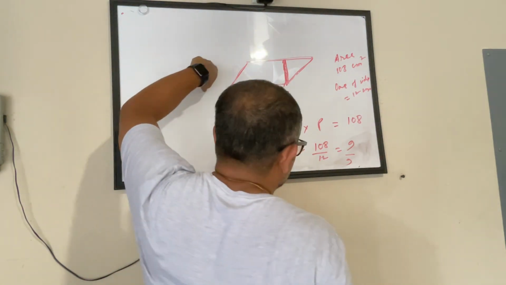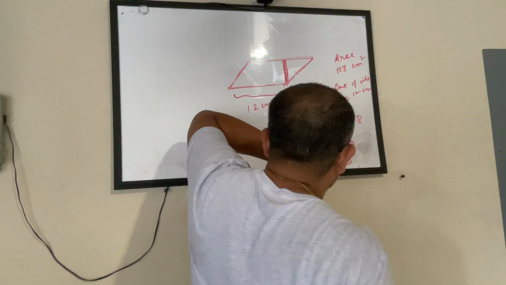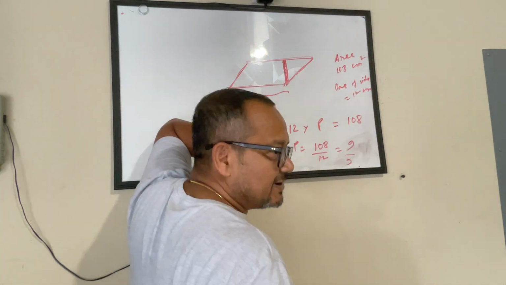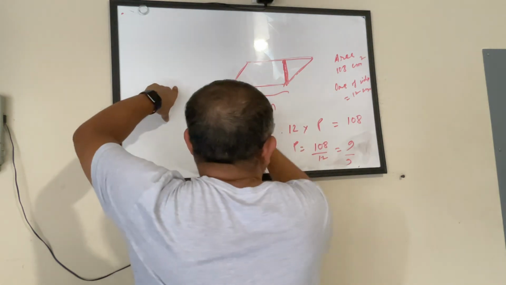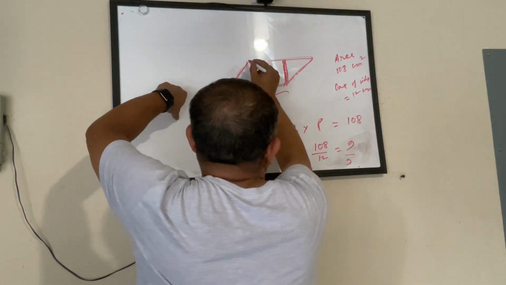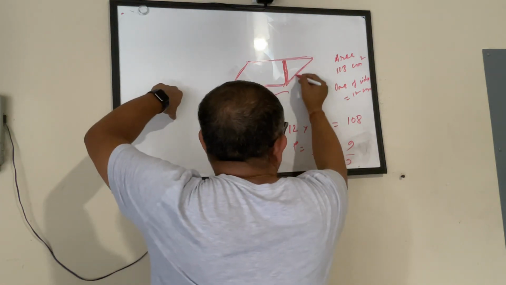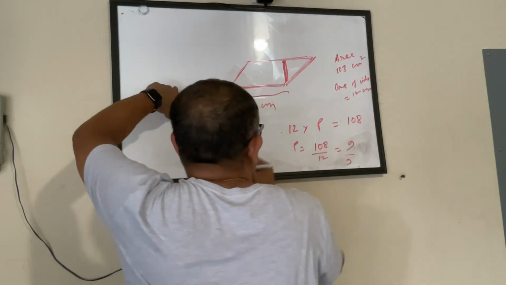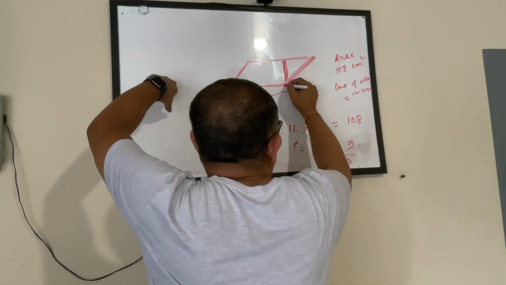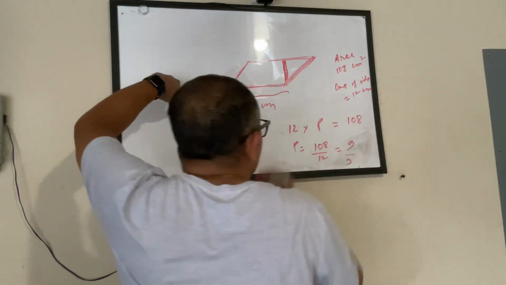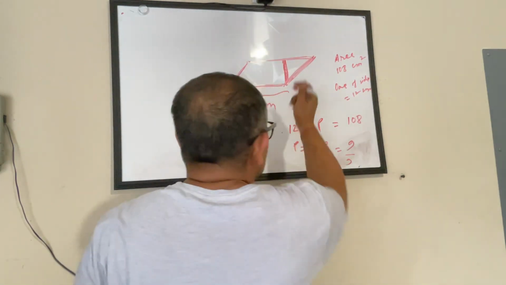Now, this is a more complicated problem than I thought. See, look at this. If I have to add all these, I know only this side and this side. If I have to find out this side, the length of this side is not the same as this.